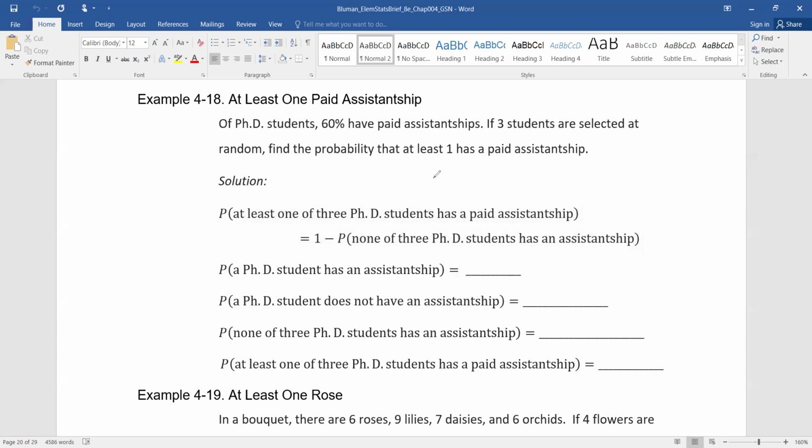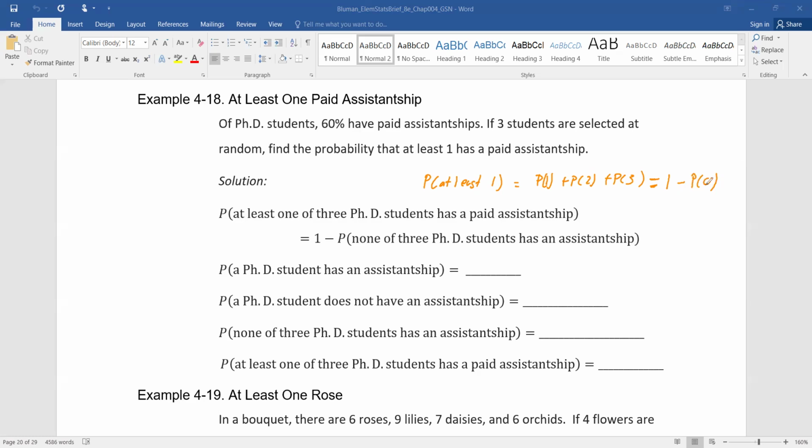If I want at least 1, then that means I have to find the probability of 1, the probability of 2, and the probability of all 3 of them. But this is the same thing as saying, all right, let's take this away. What's the probability that none are it?